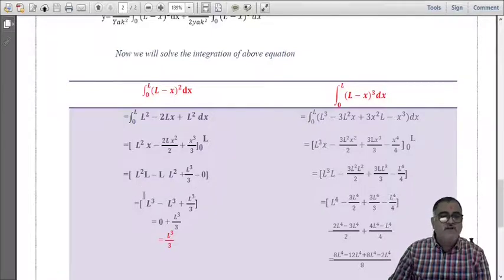Therefore automatically L cube minus L cube plus L cube by 3. The L cube terms cancel, and we will take L cube by 3.